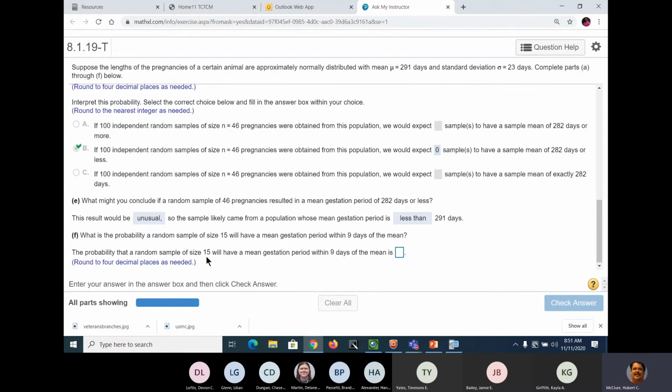Got to draw a picture. 291, 314, 337, 360, 268, 245, and 222.